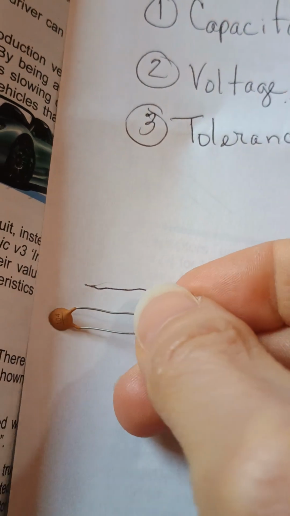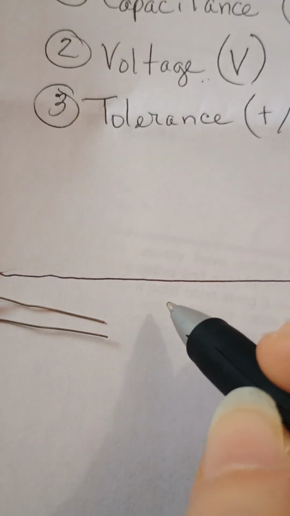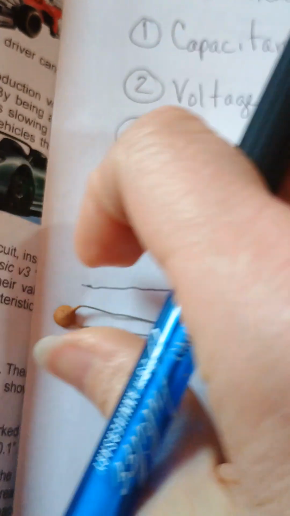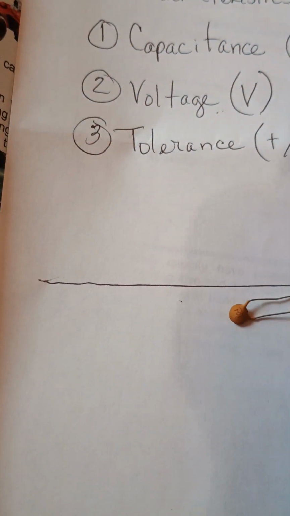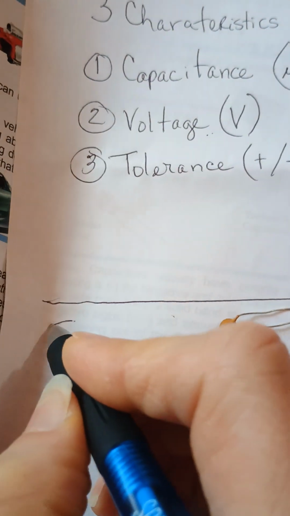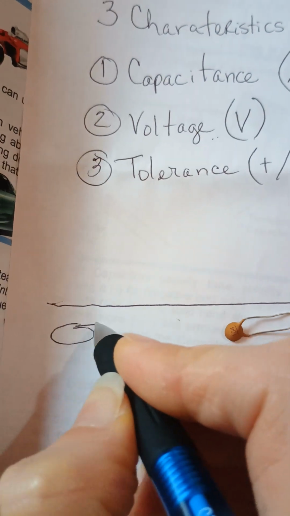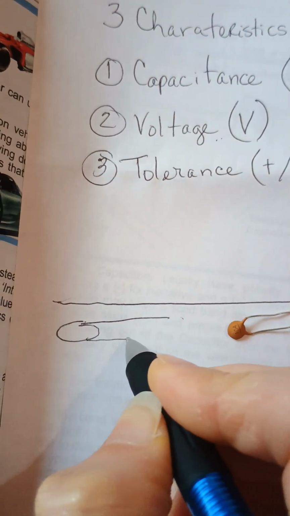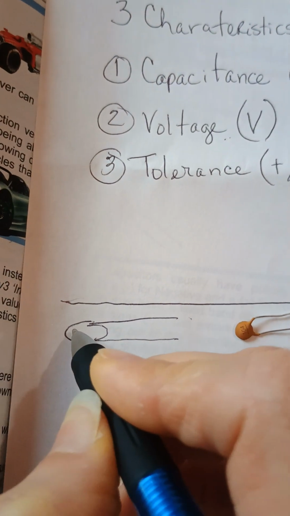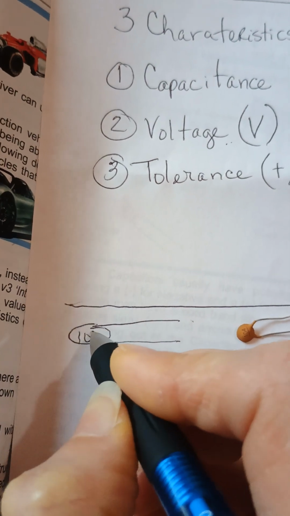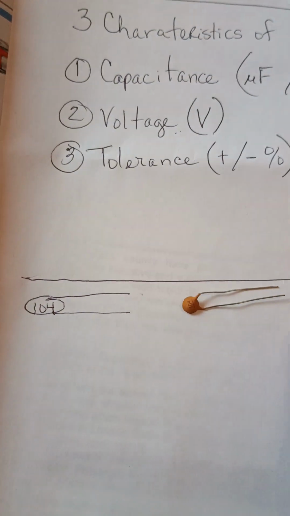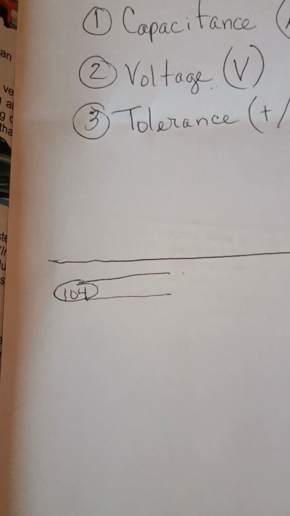So I could simply bring this capacitor over to my paper at 104, or I may just slide this over, put me a little circle here, put me some sticks on the end of it, or my wire leads, and then I may just write 104 on the inside. And that's how pretty much I'll do them as we go along. I'm going to set this back over here on my little table. Okay, so we have 104.